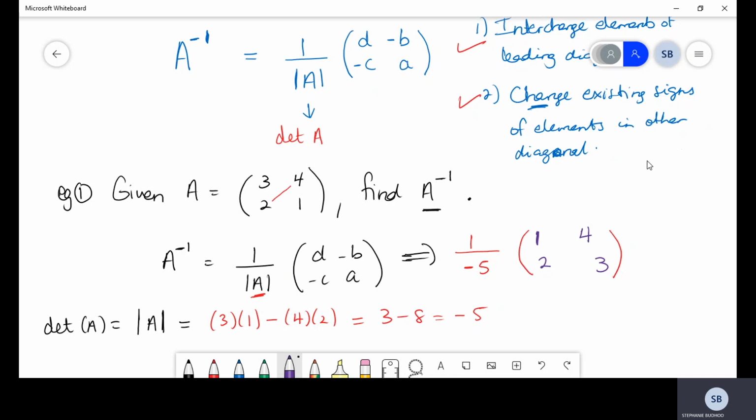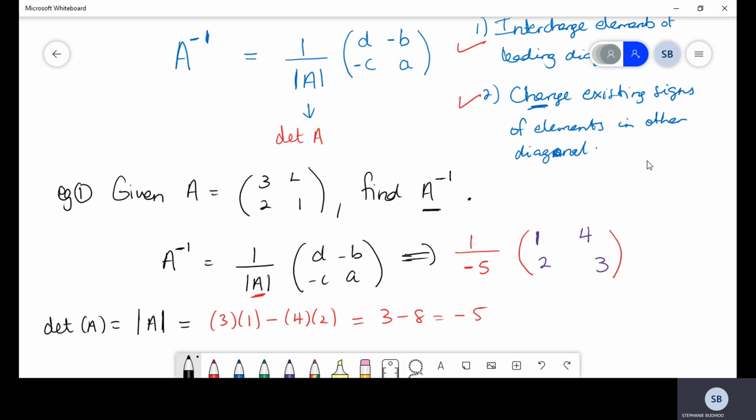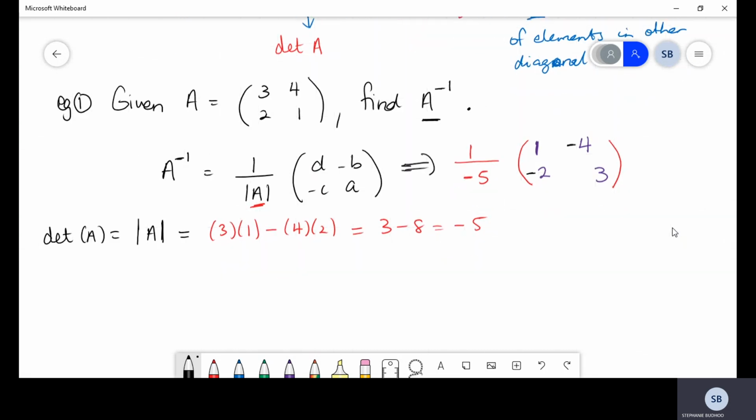In the question, you can see that these two values were positive. This was positive 4 here, and this was positive 2. So if we change the existing sign, we get -4 and -2. And it's as simple and as sweet as that, guys. That's our answer. There is one last step we can take.